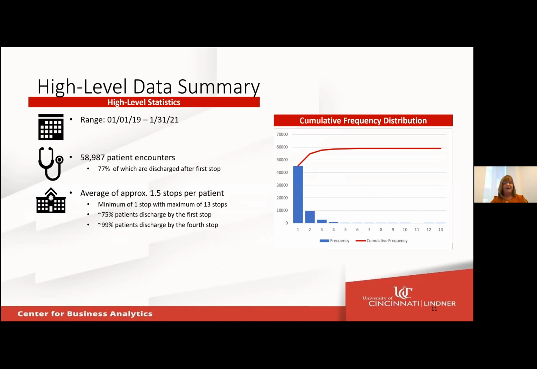And at a high level, what we discovered was 77% of the patients in our file were discharged after what we called the first stop, or their first unit. And then if we go on cumulatively, by the time they may have gone into 4 units, 99% of the patients have been discharged.